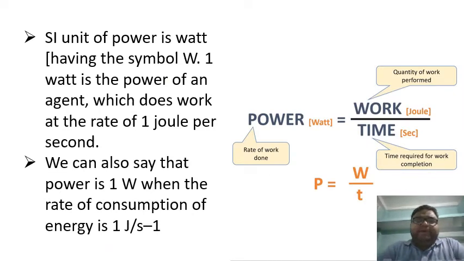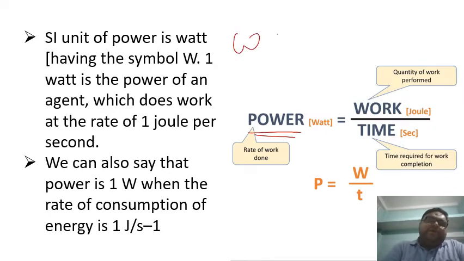Yes, my dear students, we have seen that power is the rate of doing work. So power is equal to work divided by time. Work is said to be done when a force applied causes some displacement.